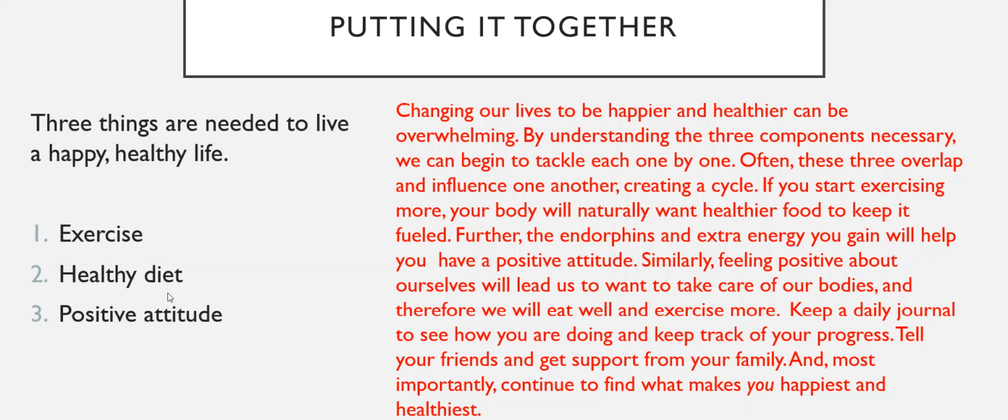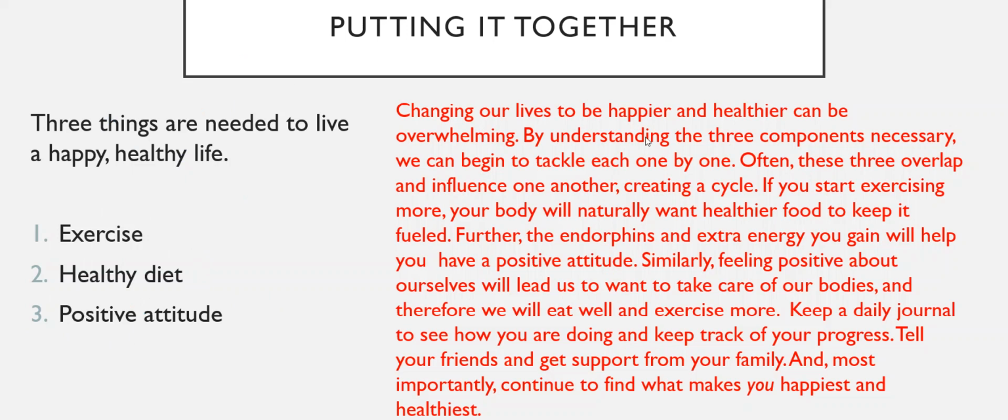The second body paragraph talked about healthy diet. And the third body paragraph talked about a positive attitude. So over here, this is the main idea of this essay, okay? The thesis was that there are 3 things you need to have a happy, healthy life, and these are the main points of each body paragraph.